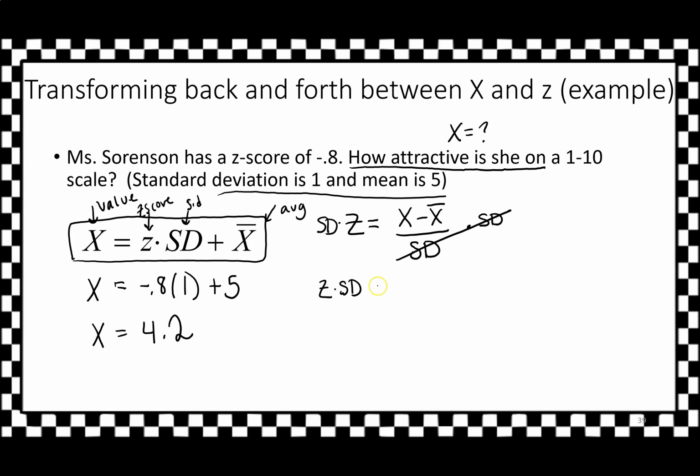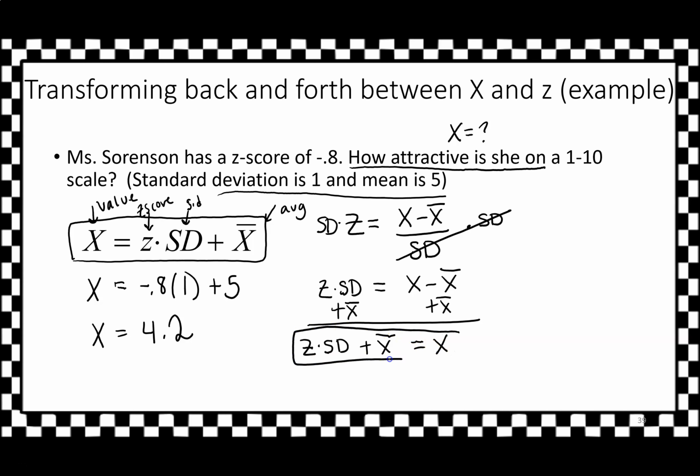I just rearranged that because I wanted to. And I'm left with x minus x bar. Now I'm just going to add x bar to both sides. And then I'm going to be left with z times standard deviation plus x bar is equal to my x. And you can notice that this is the same exact formula that I used right here.